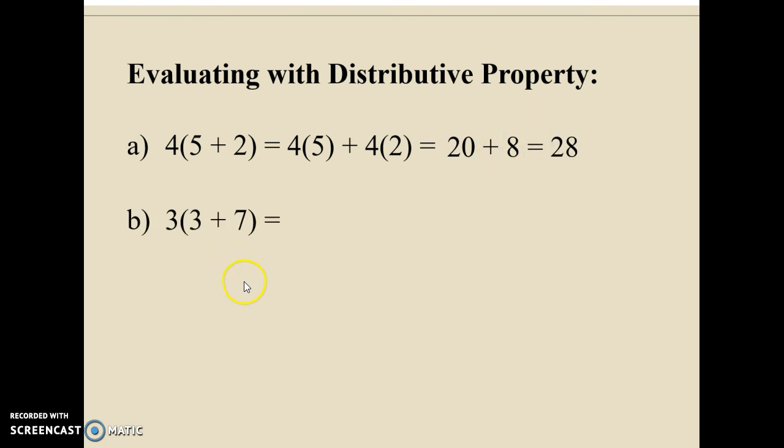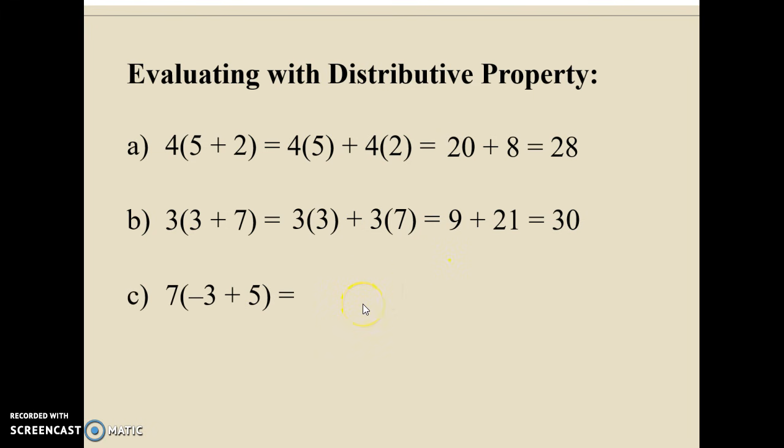Next example, we have 3 times 3 plus 7. Again, instead of solving parentheses, we multiply 3 by 3, carry plus sign, and then multiply 3 by 7. Now we solve multiplications. 3 times 3, 9, plus 3 times 7, 21. Add them up, we have 30.